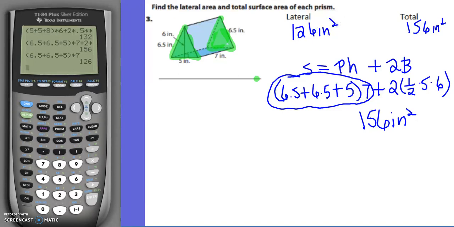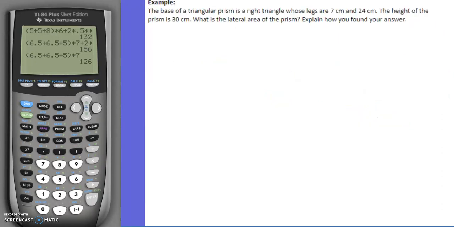All right, let's take a look at the last one. The base of a triangular prism is a right triangle whose legs are 7 centimeters and 24 centimeters. So let's first draw a picture. Looks something like this.